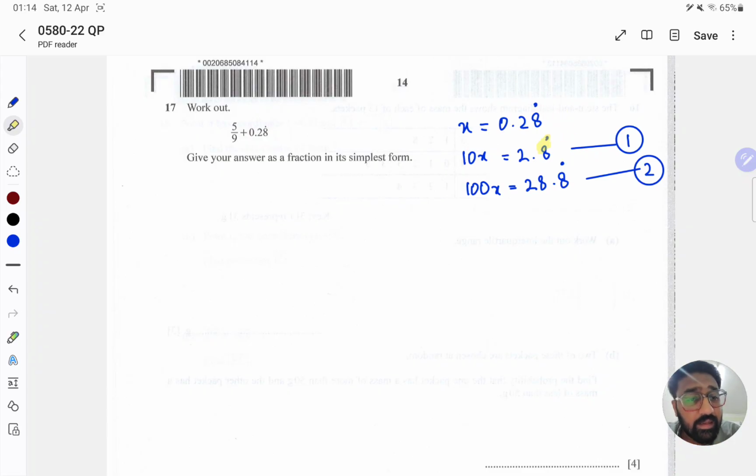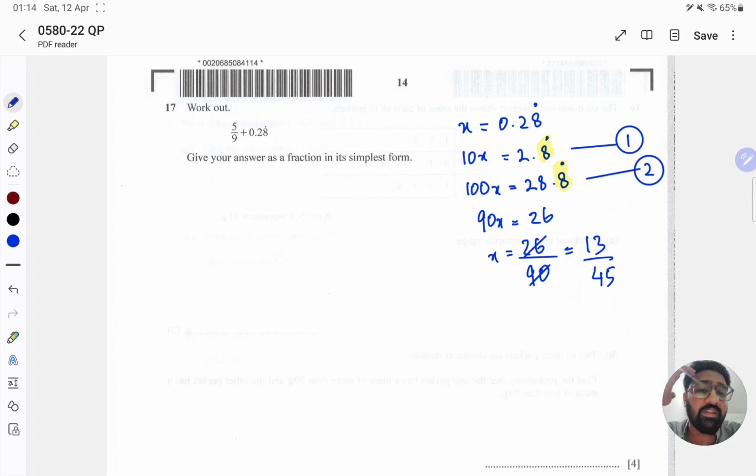I hope you can see that after the decimal, the recurring part is the same in both of them. So you can subtract them and it will be 28 minus 2, which is 26, and similarly 100 minus 10, which is 90x. So the value of x will be 26 divided by 90. Simplify by the table of 2, 13 over 45. So this is the fraction for the recurring decimal 0.28 recurring.